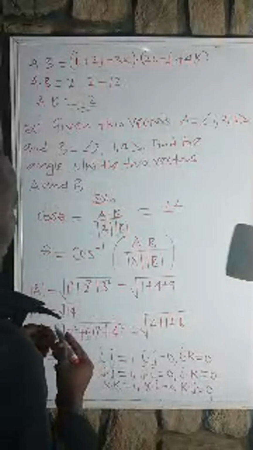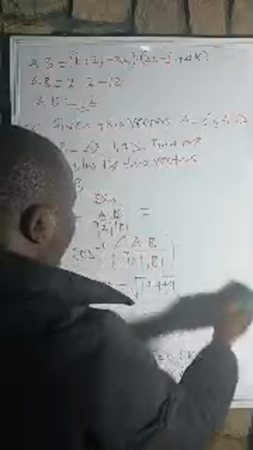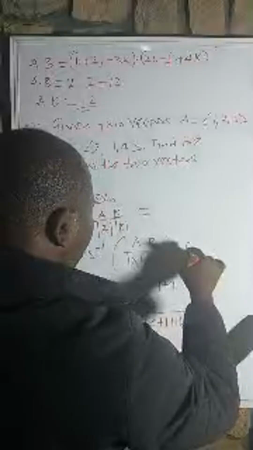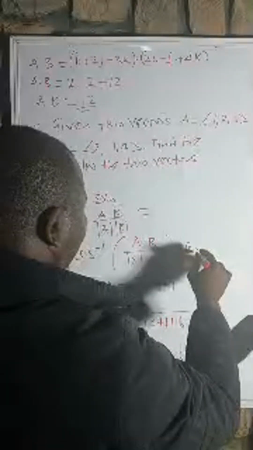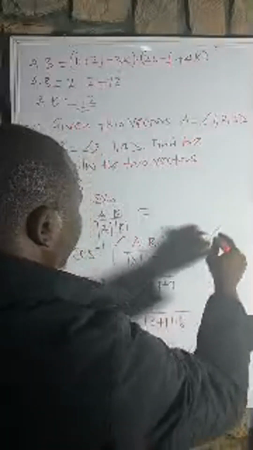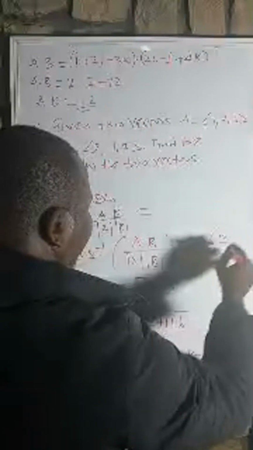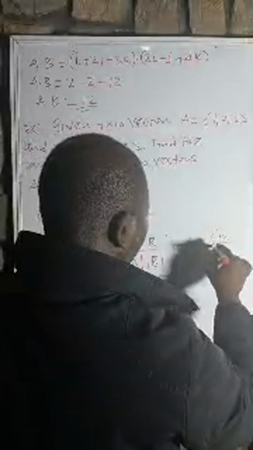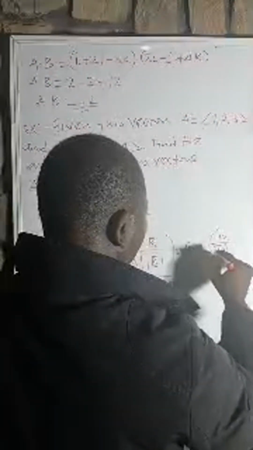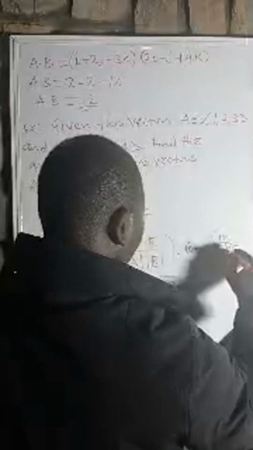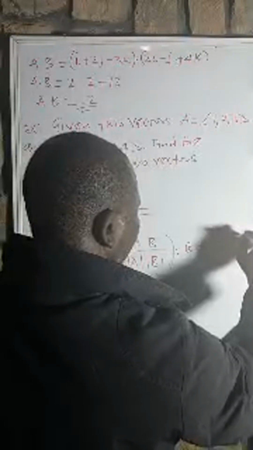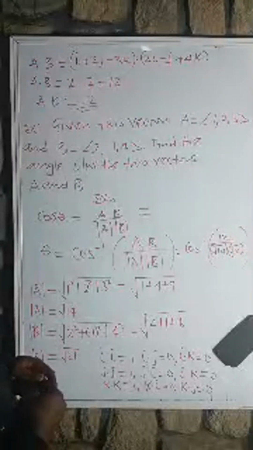Let's use the formula. This is equal to cos inverse of 12 all over magnitude of A, which is square root of 14, times square root of 21, right? Do you agree with me? Okay, so far so good.